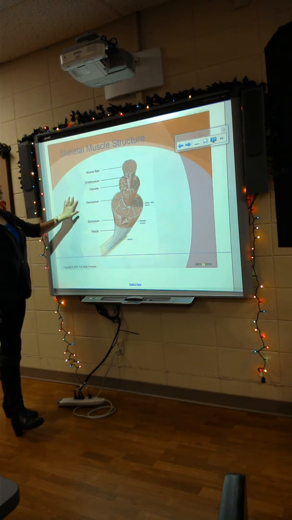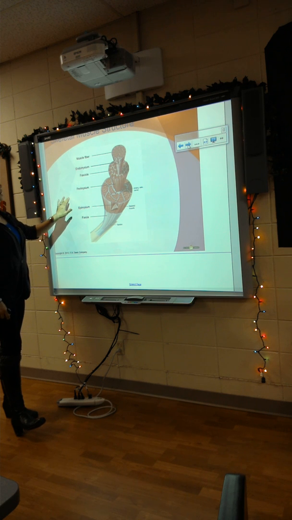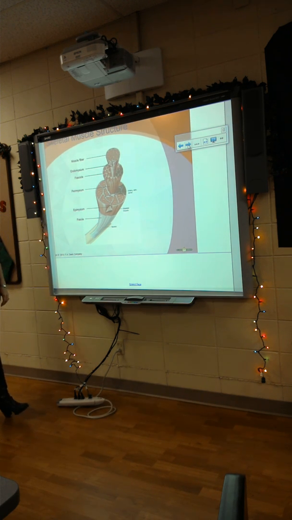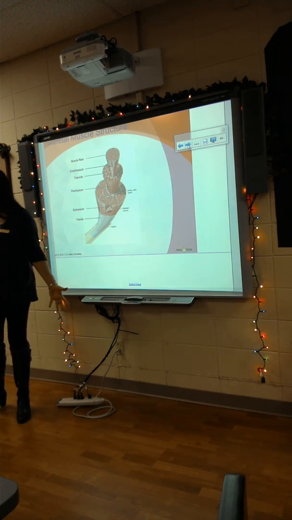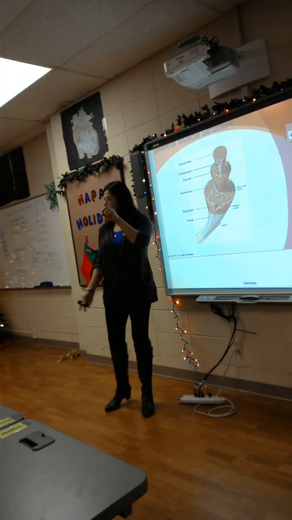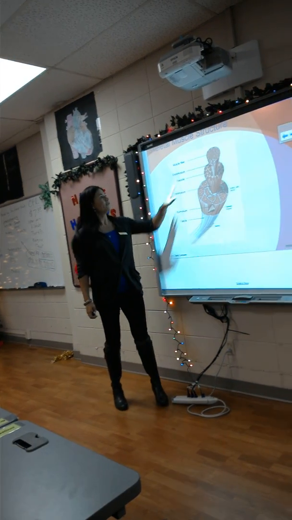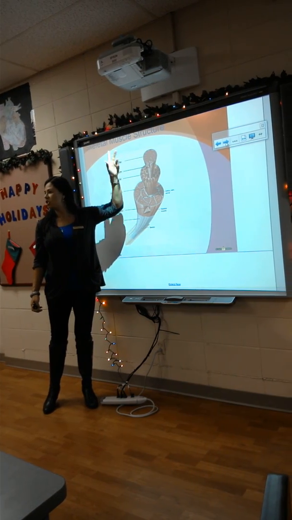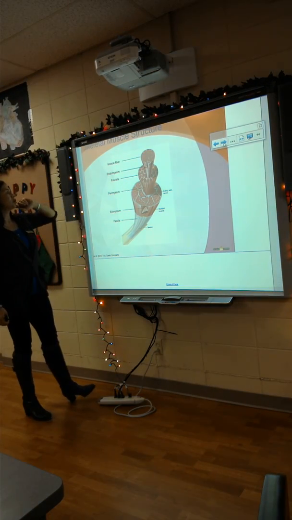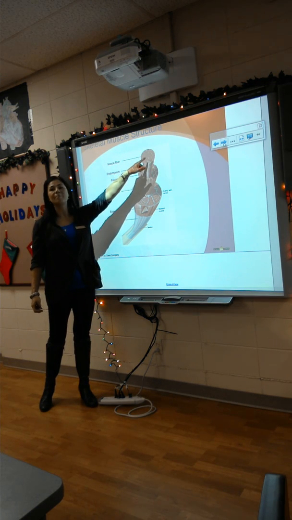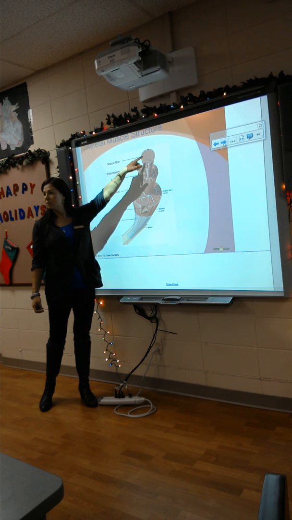Okay, so a muscle is made up of a lot of things. It's not just one unit. So a muscle fiber is the same thing as a cell. So when you think of a liver cell, that's one cell. Muscle fiber is a muscle cell. Same thing, know it interchangeably. So inside of a muscle cell you have what are called myofibrils.